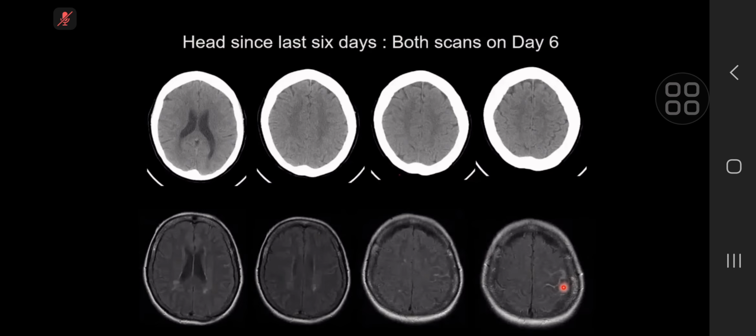Subarachnoid hemorrhage would be my top differential, but because I've got the CT head from the same day, it might be because it's day 6, it's not acute, so I'm not seeing the subarachnoid blood on the CT. Whereas on a FLAIR, blood should be bright.